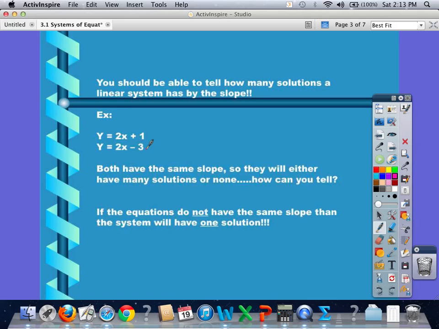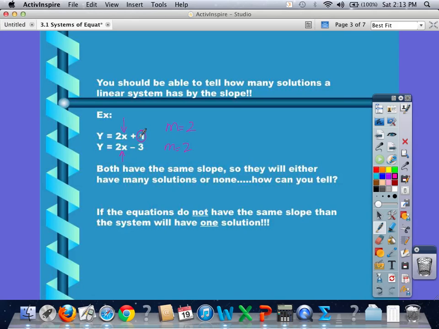You notice your slope is going to be the same. The slope is 2 and the slope is 2. So that means they have to have either infinitely many solutions or no solutions, depending on where they cross on the y. Then you look at your y-intercept.